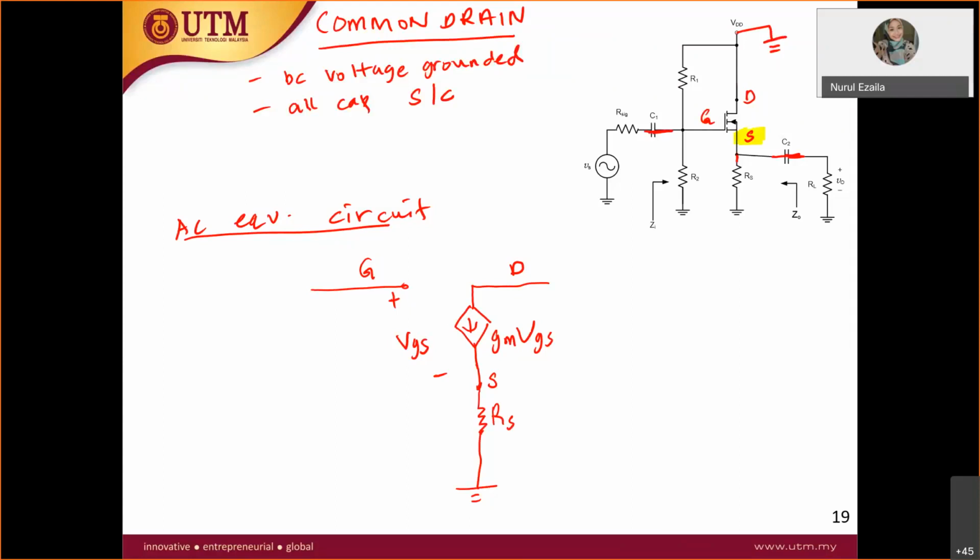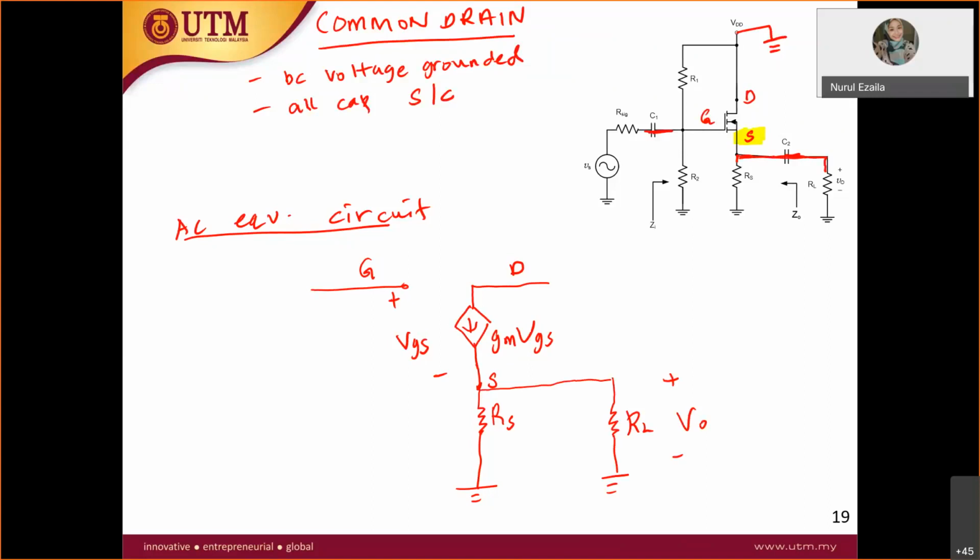Also from the source, you have RL to the ground. Why? Because the output is at the source, so you have RL over here to the ground. And your Vout is across RL, like that.